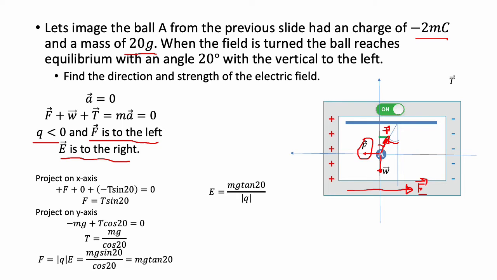Now, to find the magnitude of E, I have to find the magnitude of F. So I apply Newton's law. The particle moved and stopped; it's not going back and forth. So its acceleration is zero, which means the sum of forces, the net force on it, is zero. So I can add all the forces: F vector plus W vector plus T vector equals ma.